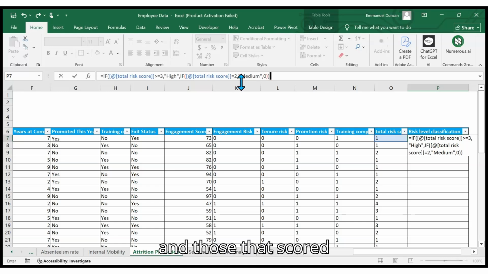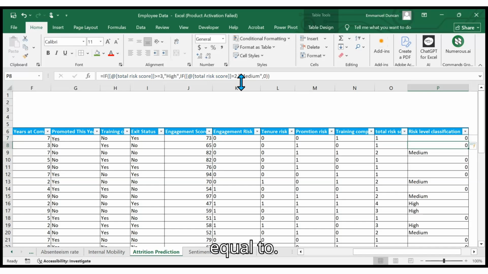And those that scored less than 1, their risk level is low. The likelihood of them being with a company for a very long time is higher. Then you press enter.